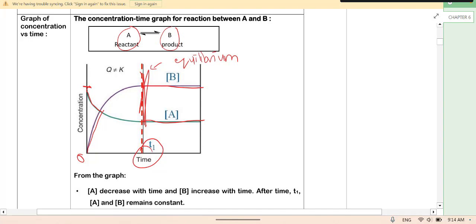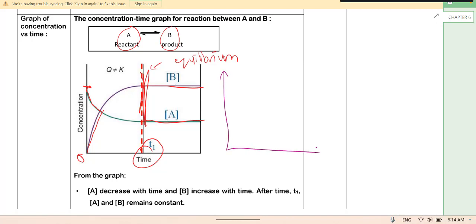However, there is a case where the concentrations of reactant and product are constant and at the same time have a similar value. So this is your reactant. Initially the reactant has a value, and it decreases over time. The product is 0 initially, so it increases.